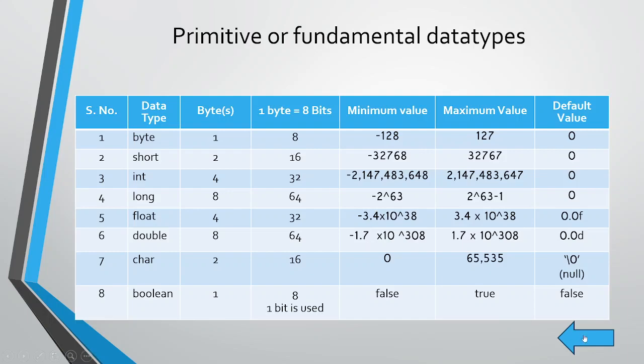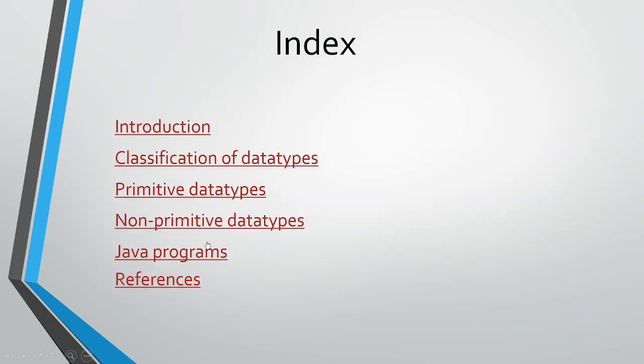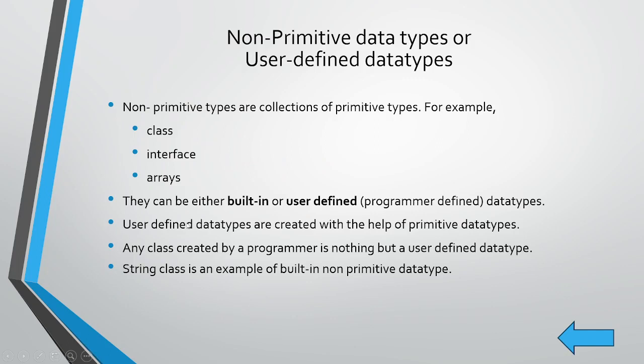Now let's go back. Non-primitive data types. There are 3 non-primitive data types: class, interface, and arrays. These are created with the help of primitive data types by the programmers. They can be either built-in or user-defined.